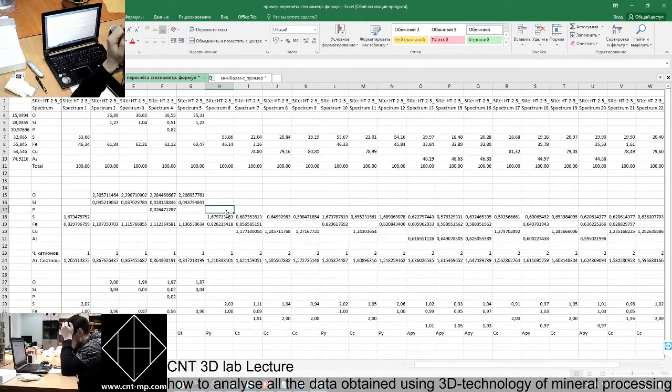We always try to investigate the substance, the samples we receive, as much as we can.